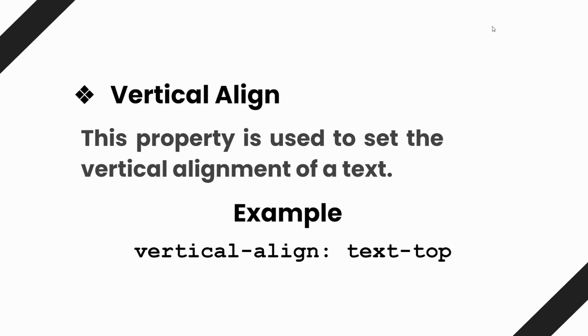So with this property, you actually get to set the alignment of the text vertically on the screen. From the example we have, we can see that the vertical align is assigned the value of text top. The text top value would take the text a little higher than other text elements around it. So we'll get to some of this later on.